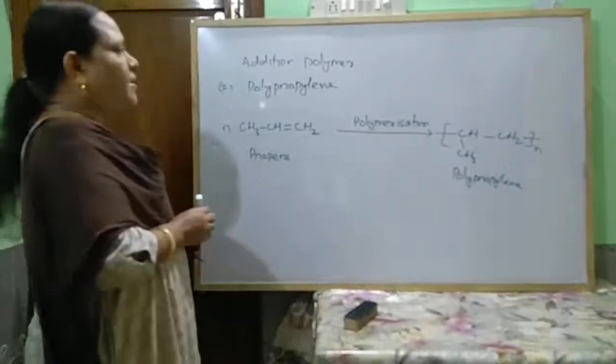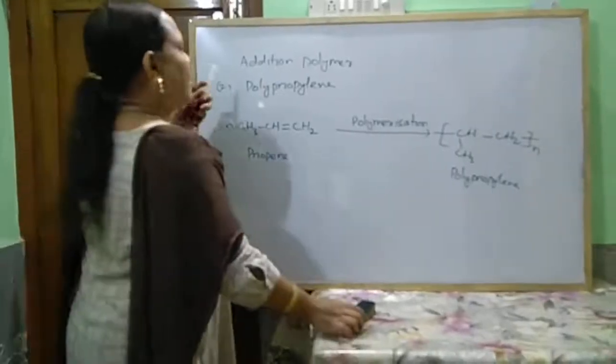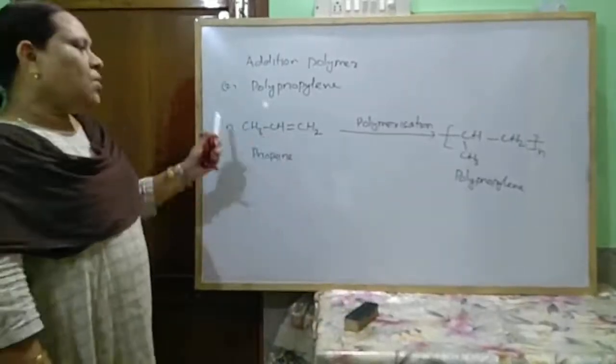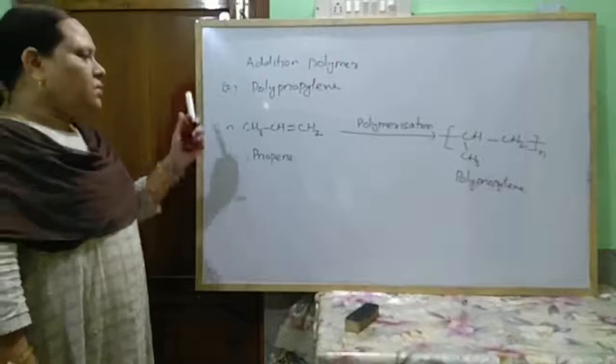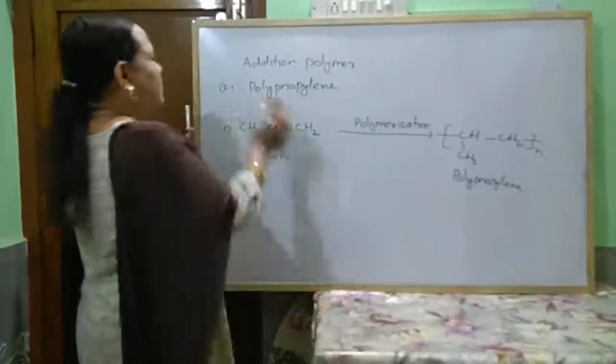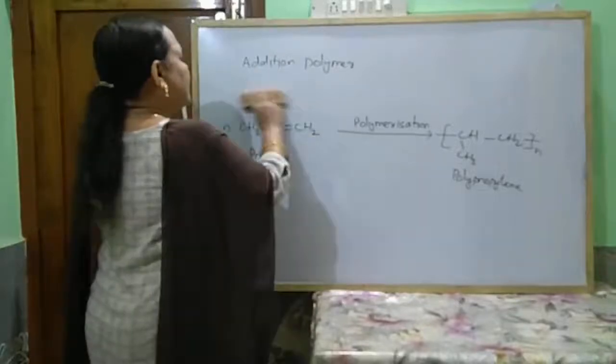Next, another addition polymer. These addition polymers are also known as homopolymers, because only one type of monomer is used. Next is polystyrene.